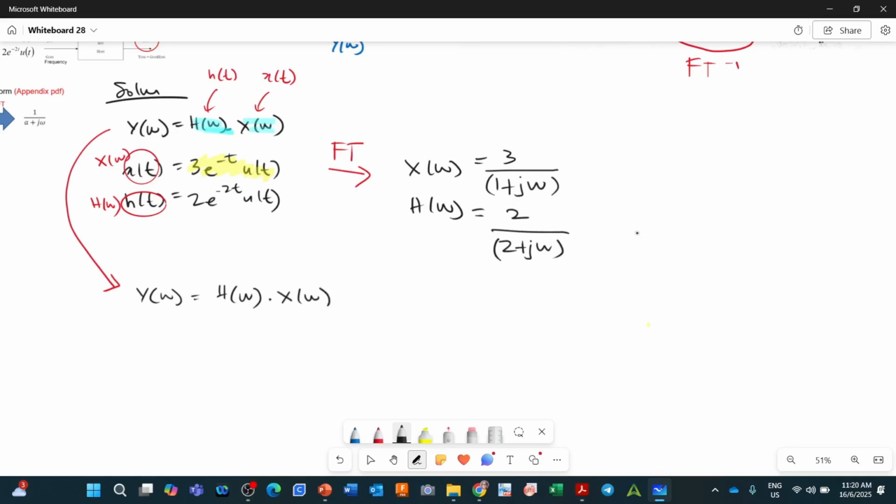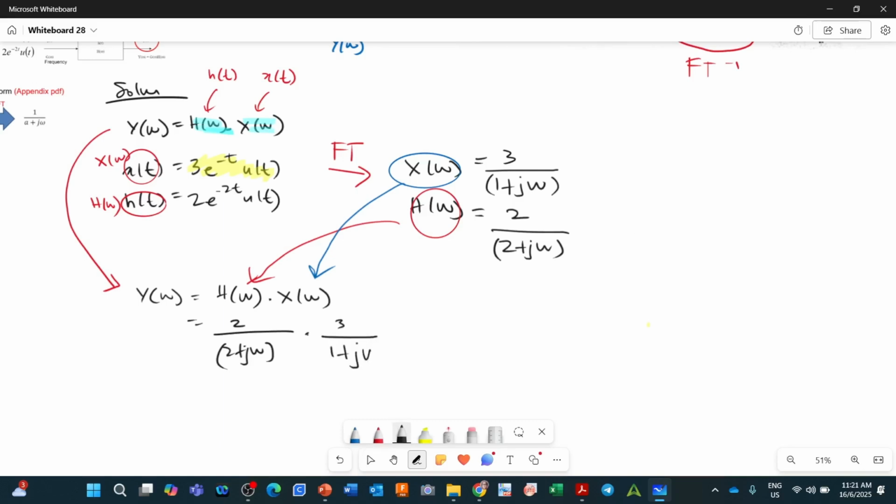So substitute the values of H and X. H omega is 2 over 2 plus j omega, which is this one, and X omega is substituted here: 3 over 1 plus j omega.